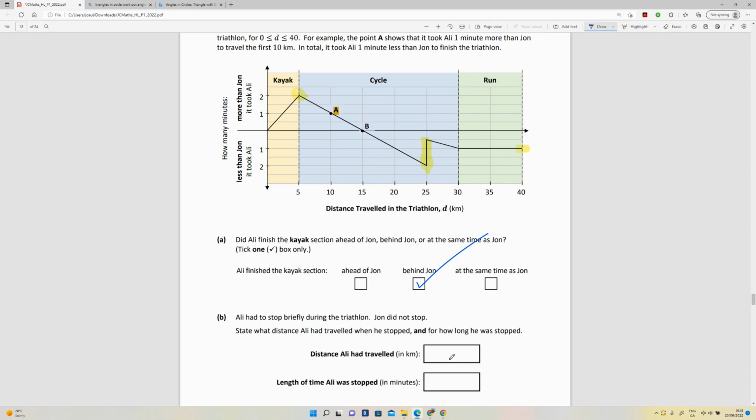So let's put 25 in there. That's the answer to the first part. So he traveled 25 before he stopped, and then the length of time he stopped. So this is 1 minute from here to here, and this is another half a minute. So it's 1.5 minutes. Okay.